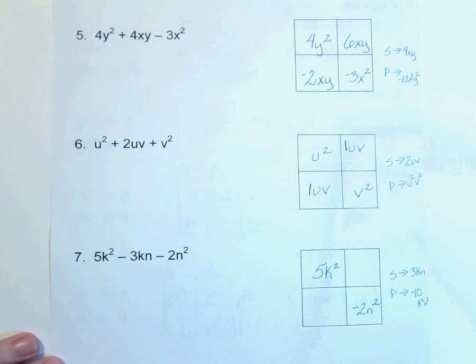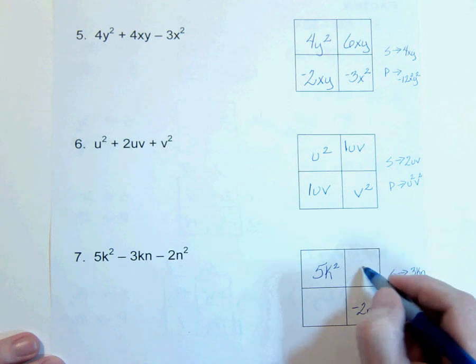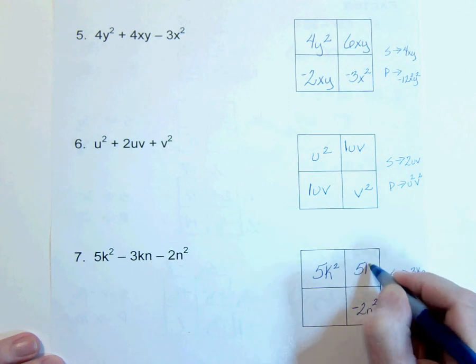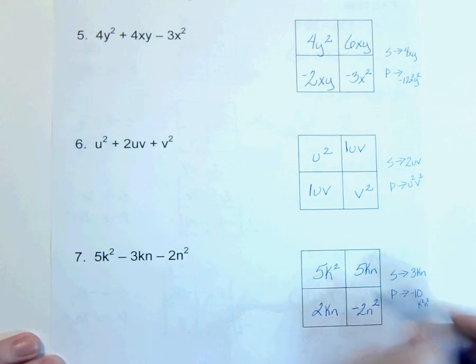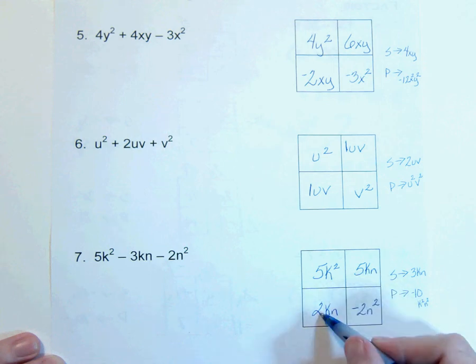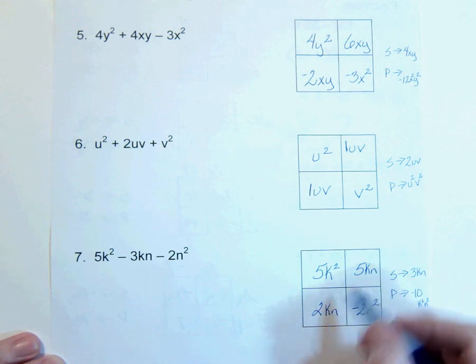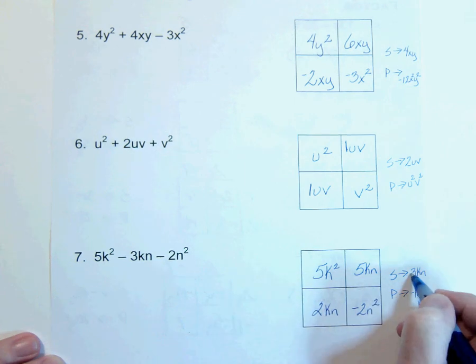Okay, and then the last one, you need it to be the sum of 3. Let's see, 5kn and 2kn. But if I want it to be a +3, got to decide which one of these is going to be positive, 5 or the 2. The 5's got to be positive. No, I'm sorry, I forgot. This one, look over at your problem.